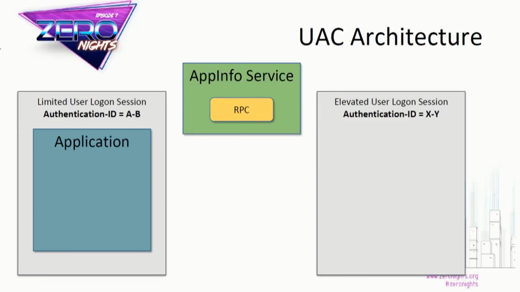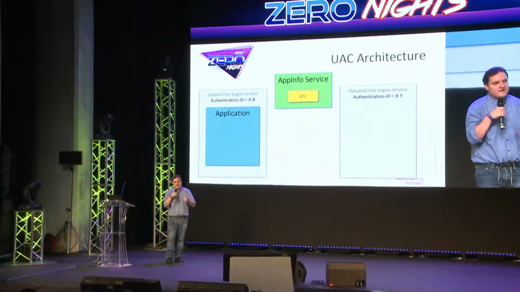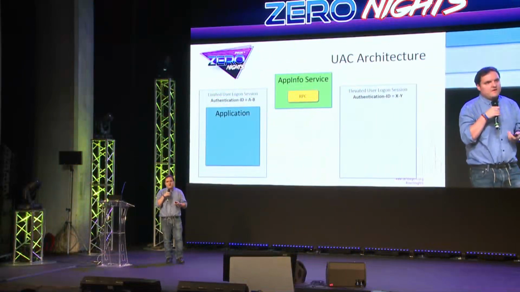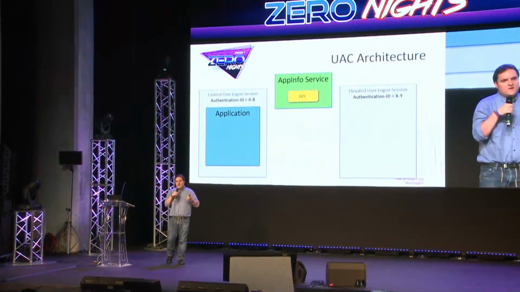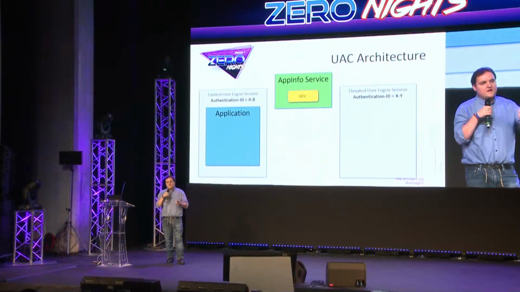If you have enabled UAC on Windows, the operating system creates two so-called logon sessions. The first logon session is your normal administrative user, your elevated logon session. But Windows also creates a second logon session, the limited user. This is the one which you actually log in as. When you start up your logon session, you get access to basically an unprivileged user.